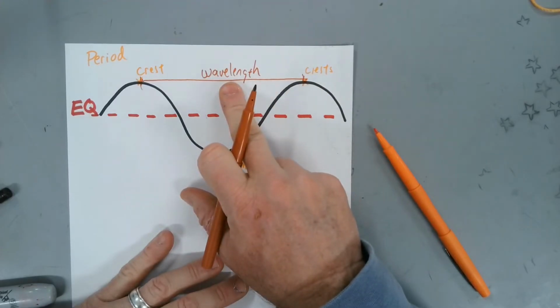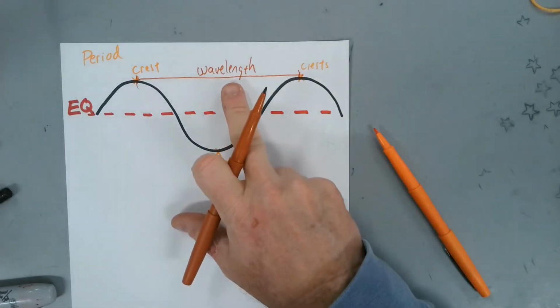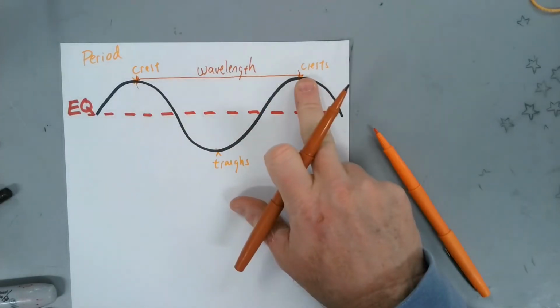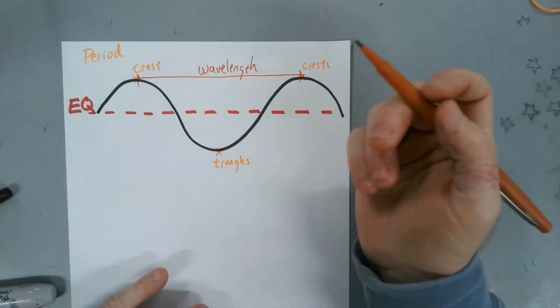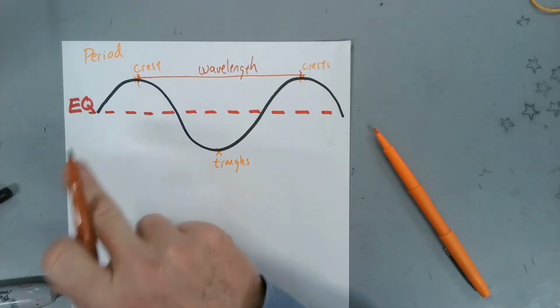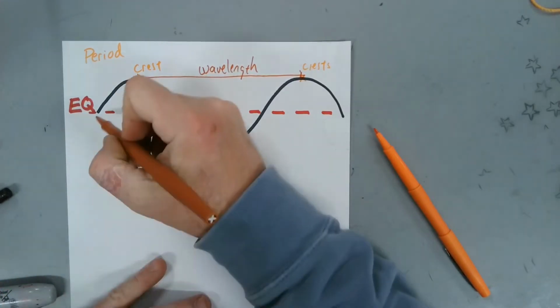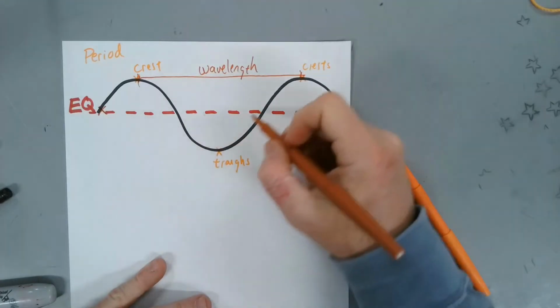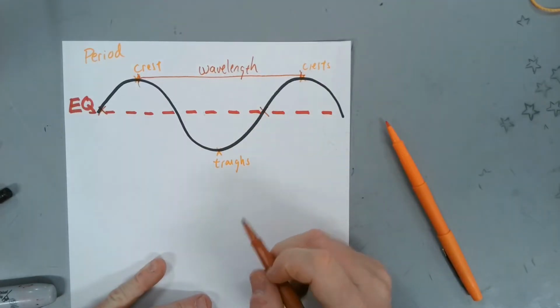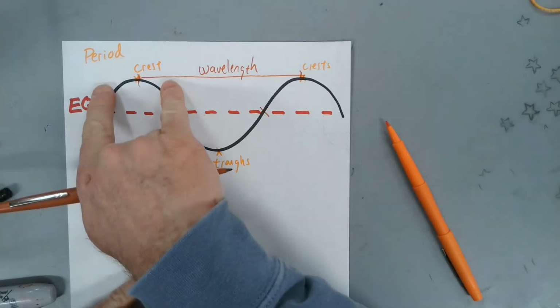Now, with wavelength, we need to define this a little bit more precisely than just one crest to the other. The wavelength is actually the distance from any two successive identical sections or points on the wave. So right here to right here is also a wavelength. Not right here to right here, that's only half the wave.